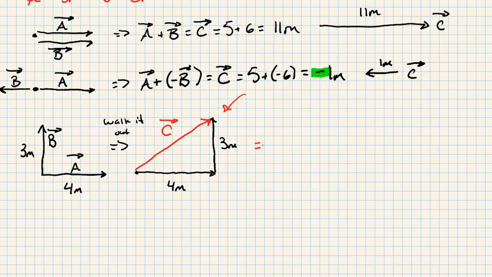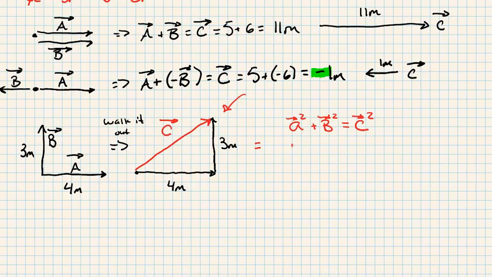So we remember now we've got a right triangle. And now that we've got a right triangle, we can say that a vector squared plus b vector squared has to equal our c vector squared.